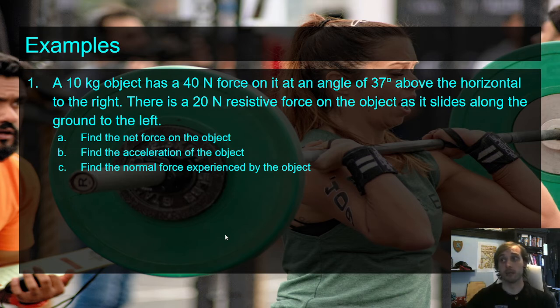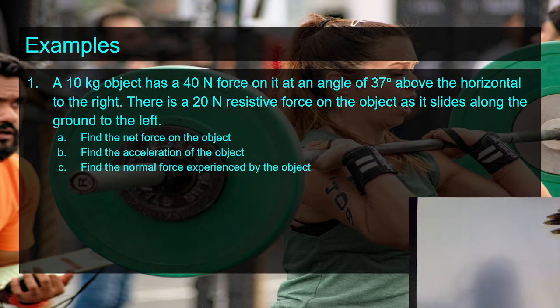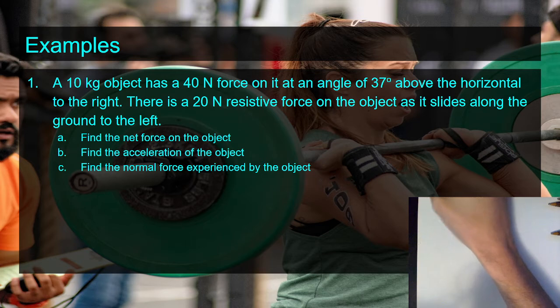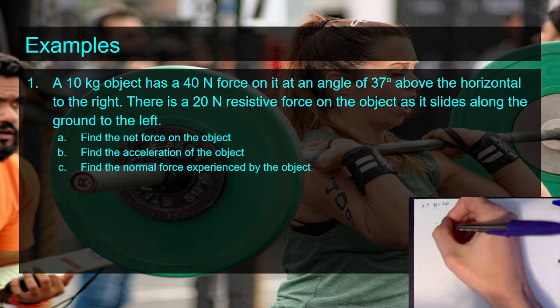So, doing an example out, and again, hopefully this will clarify some of the stuff from before. We have a 10 kilogram object. So I'm going to have my object.